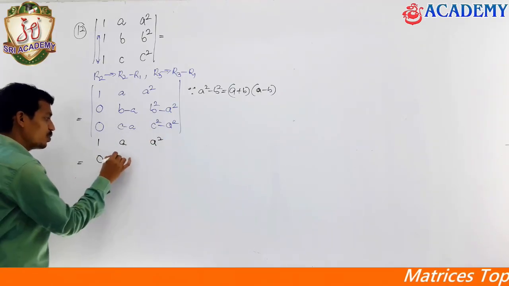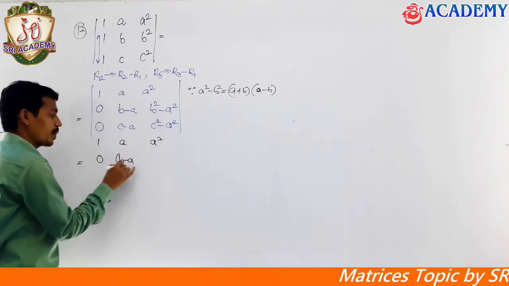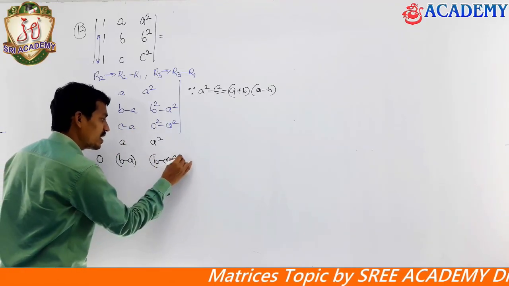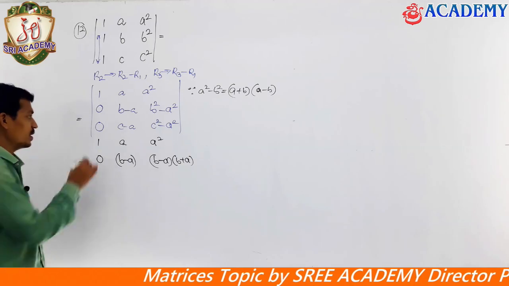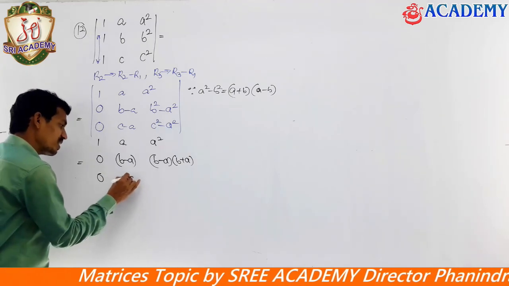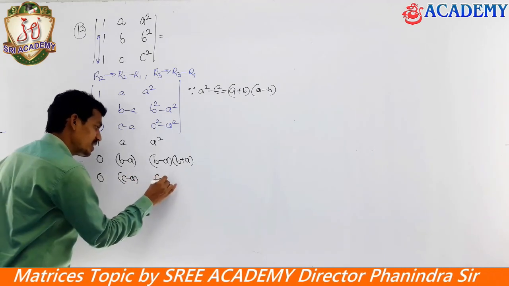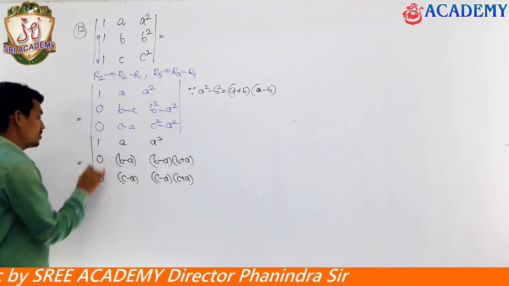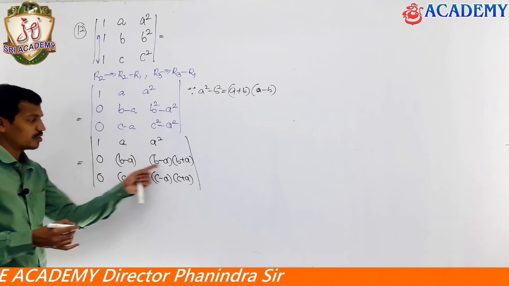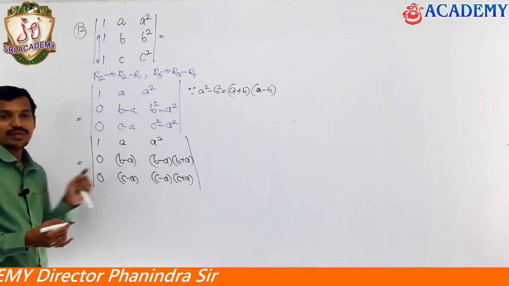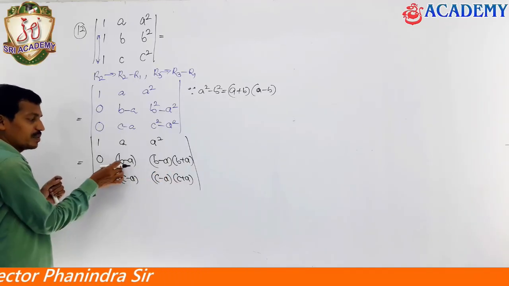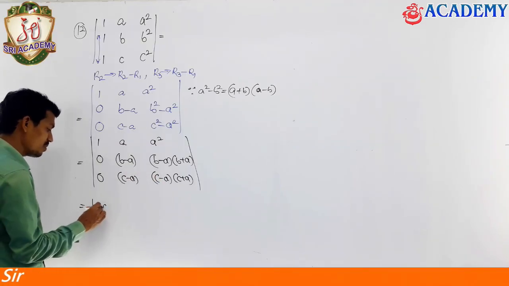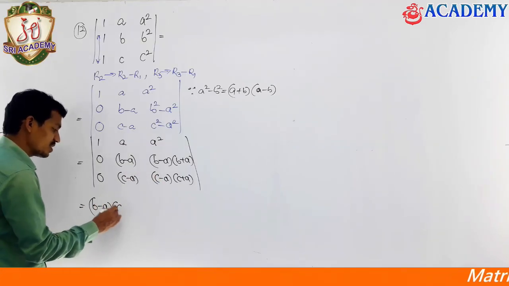Here 0, b minus a, and b minus a into b plus a is there. Here 0, c minus a, and c minus a into c plus a is there. From row number 2 and row number 3, we are taking b minus a and c minus a common. That is going to be b minus a into c minus a.